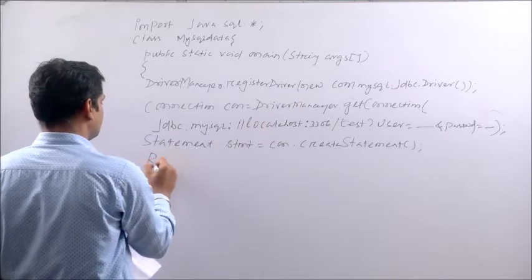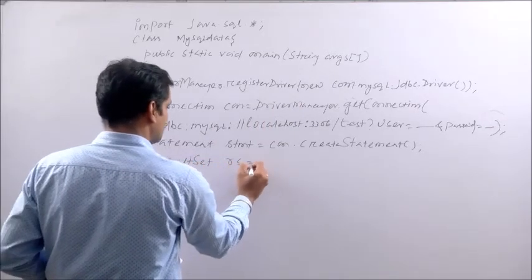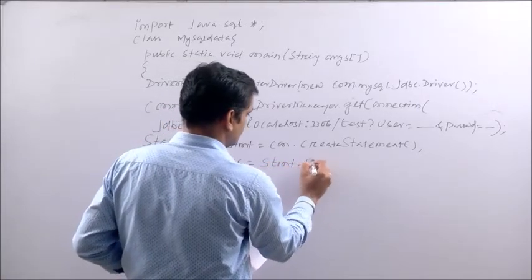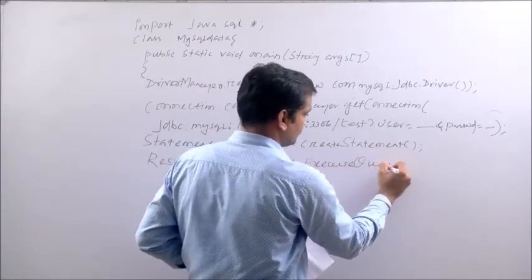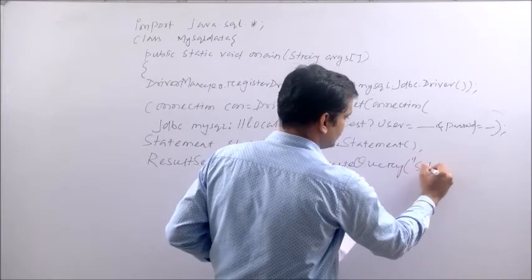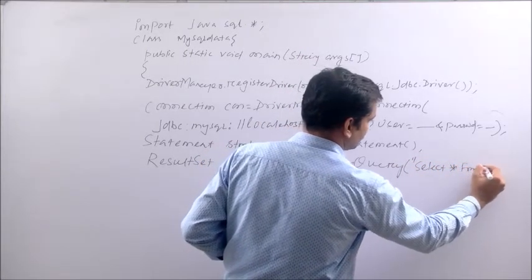Then execute the statement, bring it to the result set rs: stmt execute query, or you may write execute update, according to the SQL statement you are writing. So I write a query statement here, select star from employee.